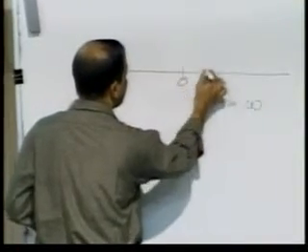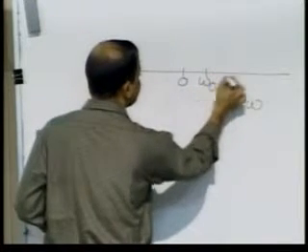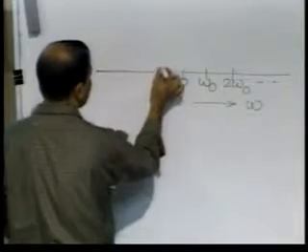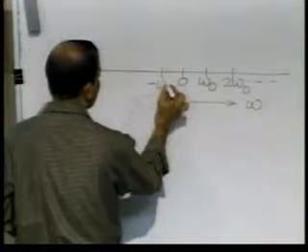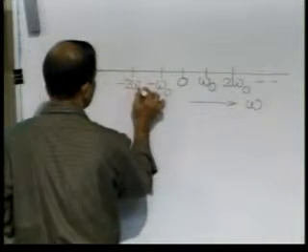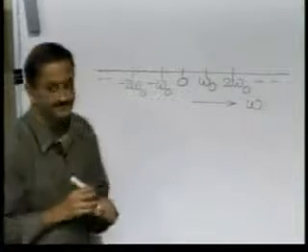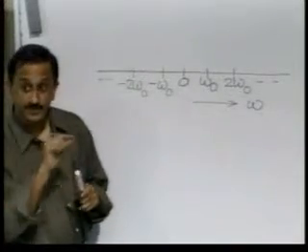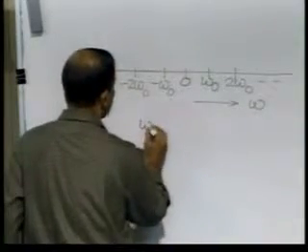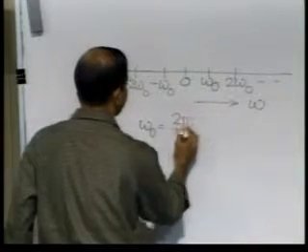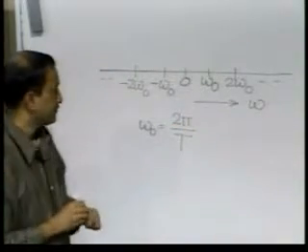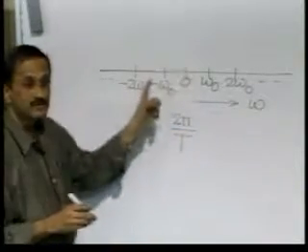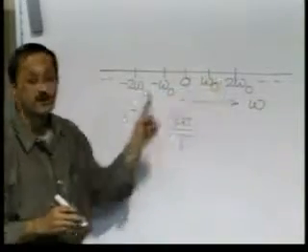I need the point 0, I need the point omega naught, I need the point 2 omega naught, and so on, all integer multiples on this side, and I need the point minus omega naught, minus 2 omega naught, and all the integer multiples on this side. Now, what are we saying from this perspective? When I put omega naught equal to 2 pi by T and take the limit as T tends to infinity, what is the effect on this? The effect is to bring these points closer and closer together.